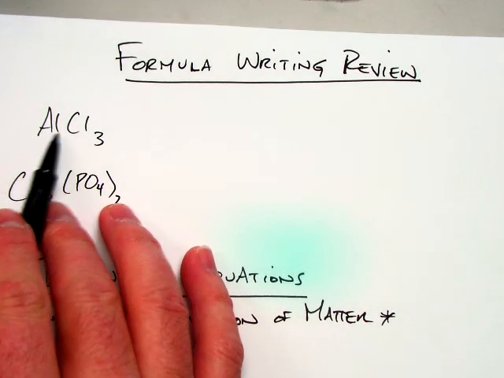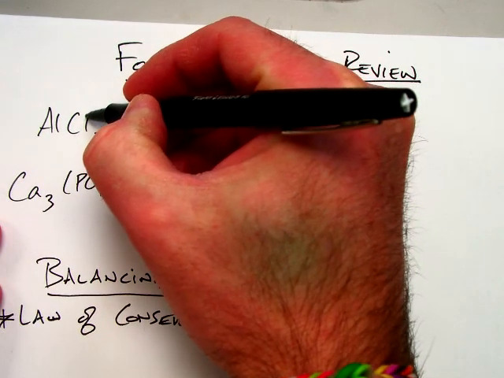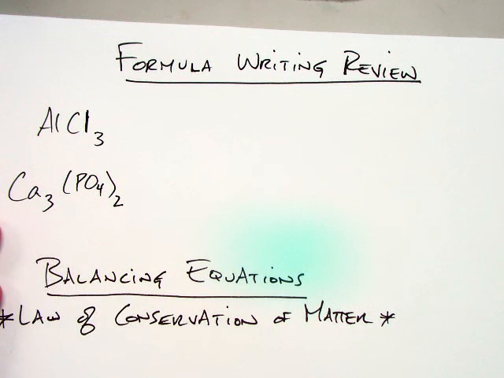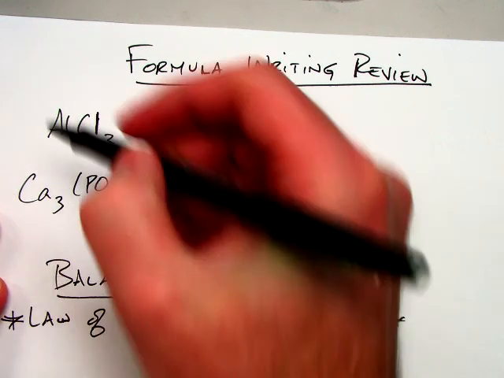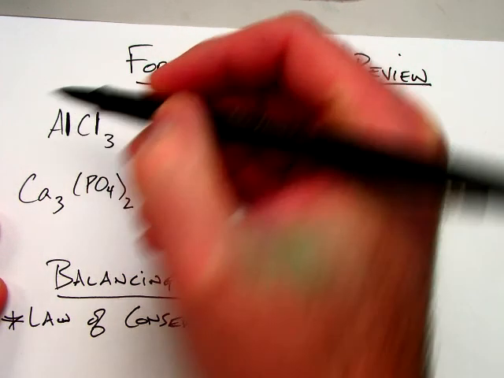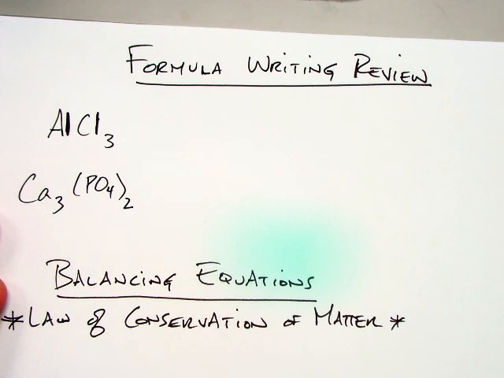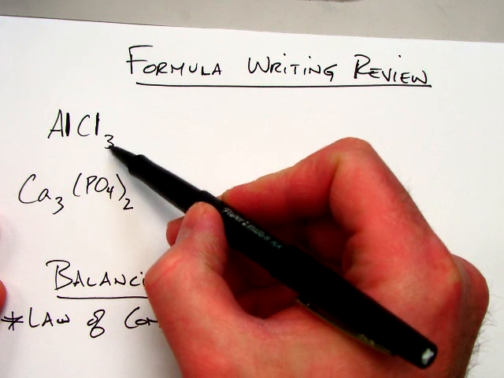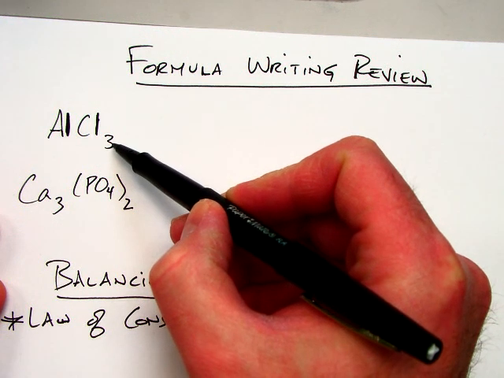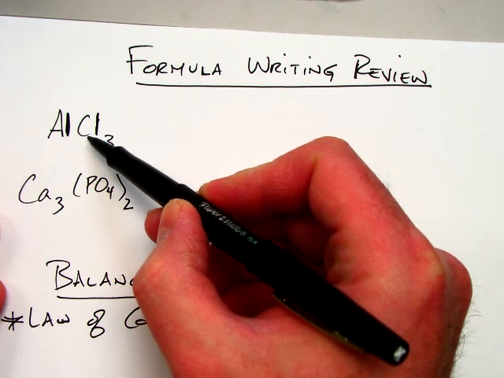This is AlCl3. Okay, once you become a little more familiar with formulas and whatnot, we're not going to think that these are I's or anything like that. They're just lowercase L's. All right, so we got AlCl3. So what we want to know from this formula itself is that this 3 only applies to the Cl's.